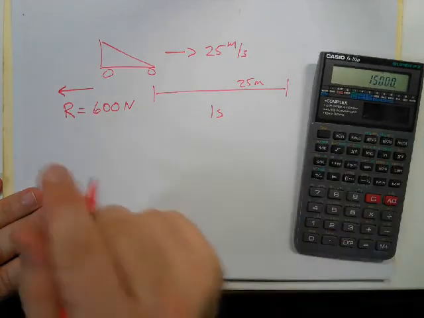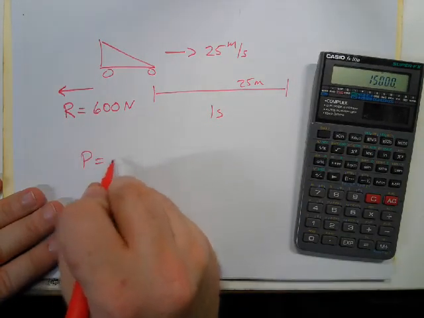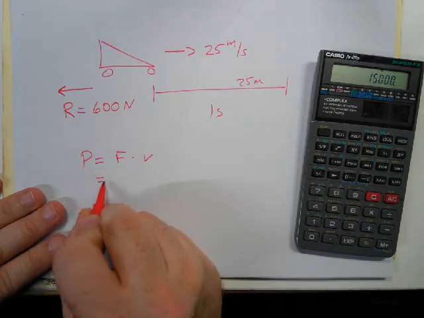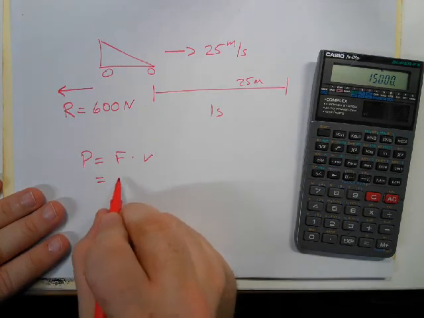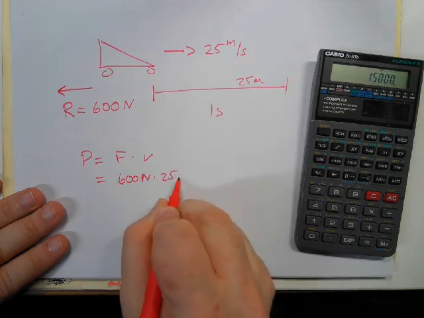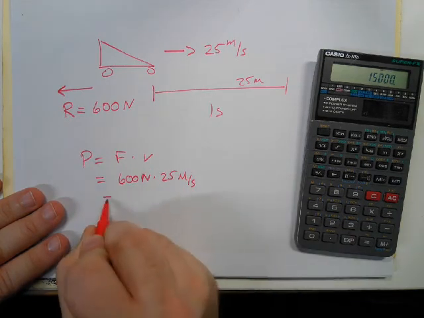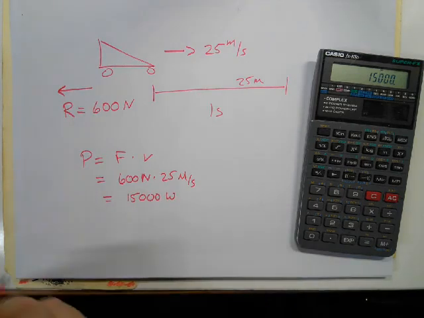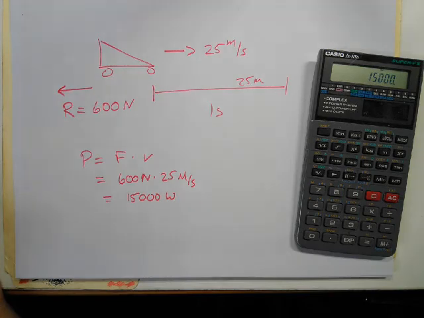Or we could just note that the power is going to be the force times the velocity. And so our force here is 600 newtons times 25 meters per second is 15,000 watts. 15 kilowatts is a lot.